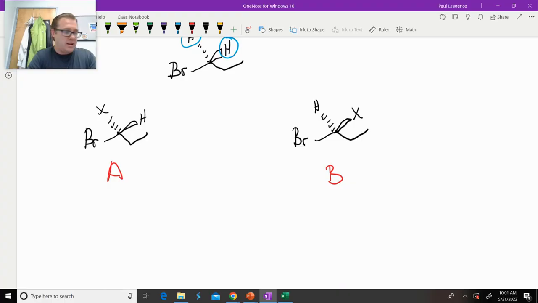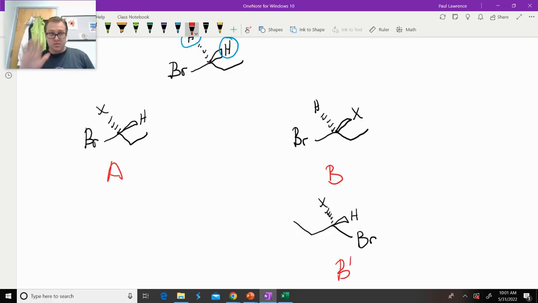So what if I took B and rotated it 180 degrees? So what would that look like? If I rotate it 180 degrees, we would have a molecule that looks like this. All right. So our X would go there, and our hydrogen, no, sorry, our X would go there, and our hydrogen would go there. Now this molecule that I just drew is still B. It's just been rotated 180 degrees. Okay? Now if I take that, does it superimpose?